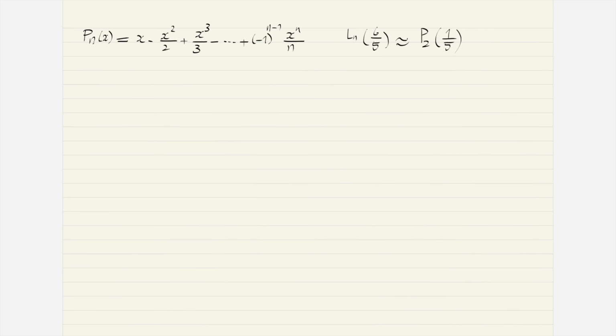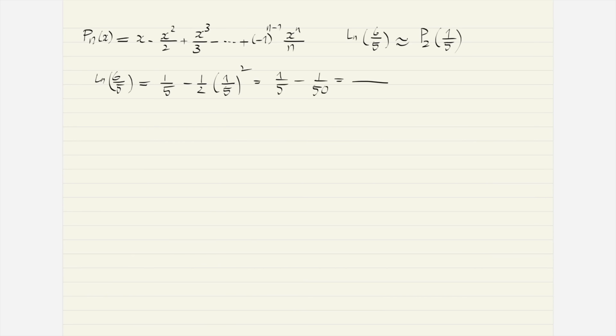Okay, so this is what we have. This means ln of 6 over 5 is equal to, instead of x, I put 1 over 5, and I go up to this term, because n is supposed to be 2. So this becomes 1 over 5 minus a half times 1 over 5 squared. So this becomes 1 over 5 minus 1 over 50.